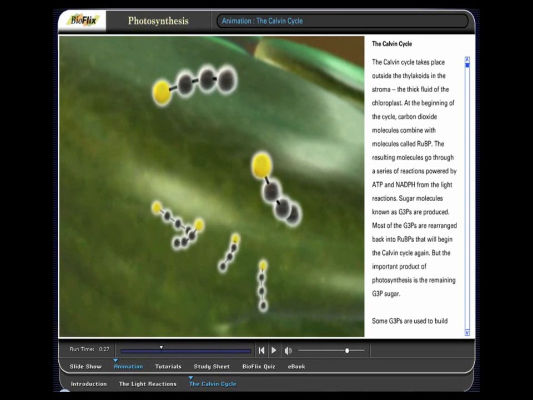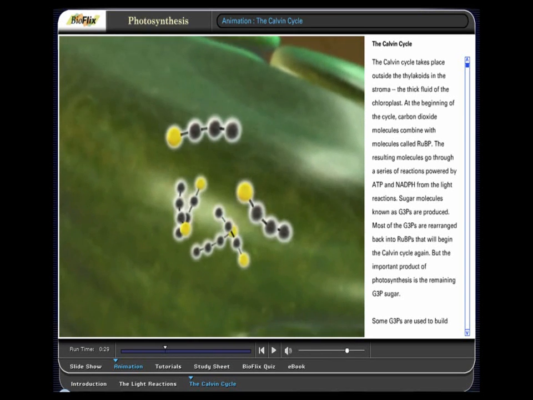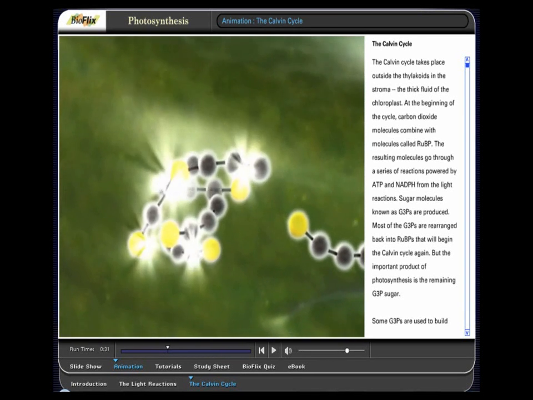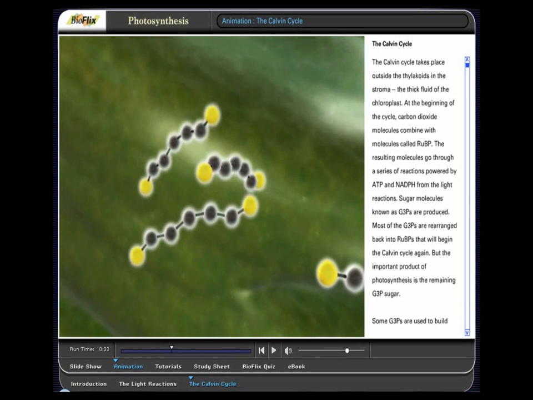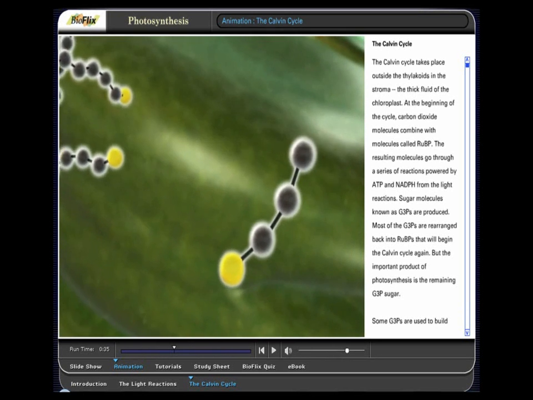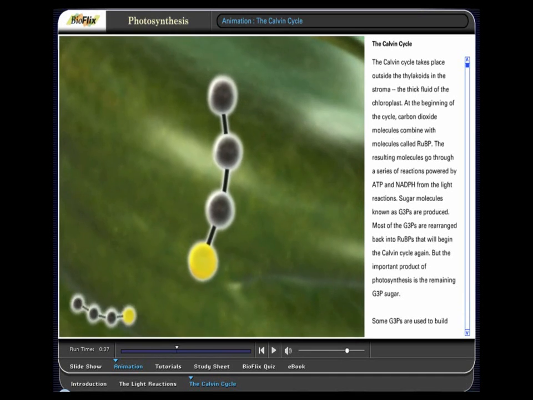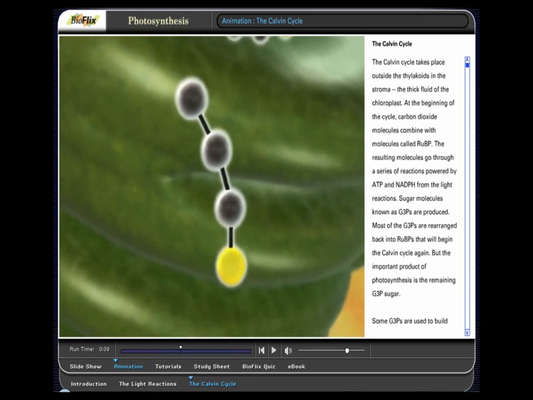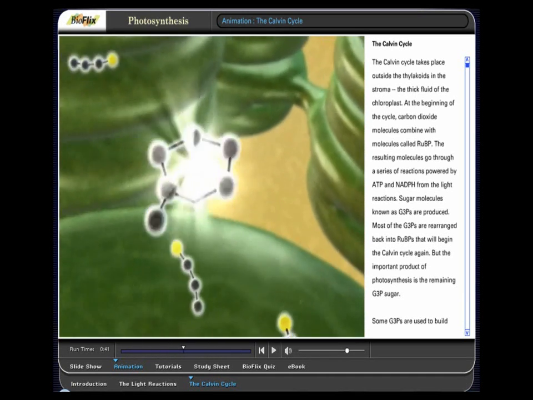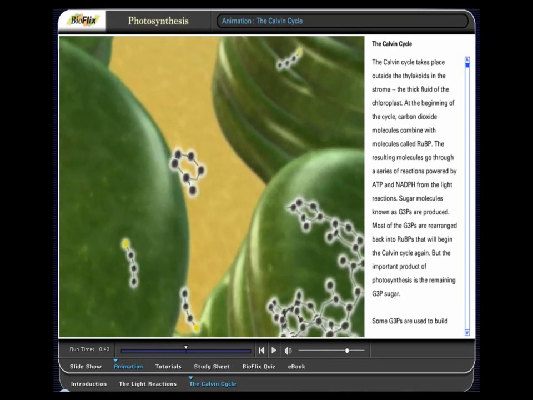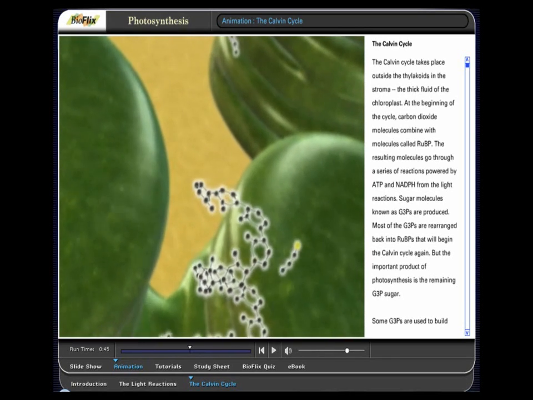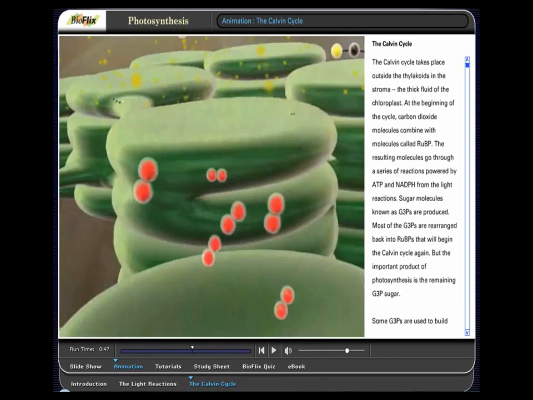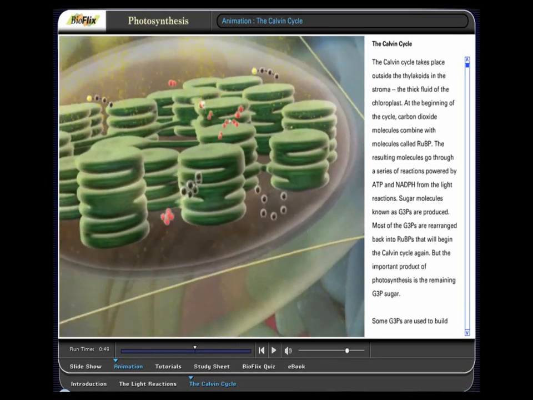Most of the G3Ps are rearranged back into RUBPs that will begin the Calvin cycle again. But the important product of photosynthesis is the remaining G3P sugar. Some G3Ps are used to build glucose, which can combine into starch or cellulose. Still other G3Ps form sucrose.